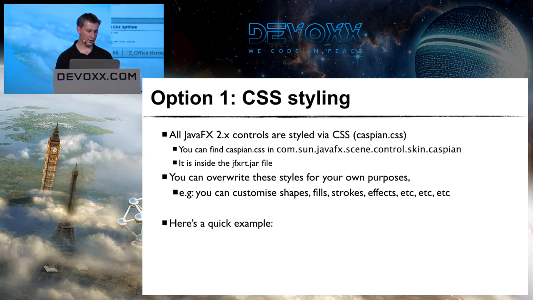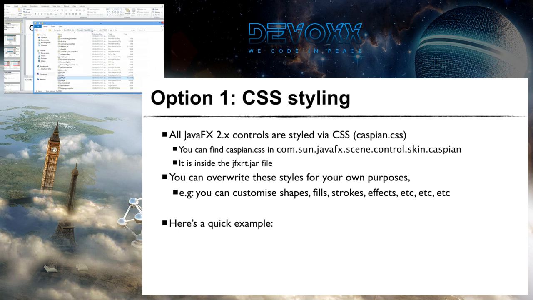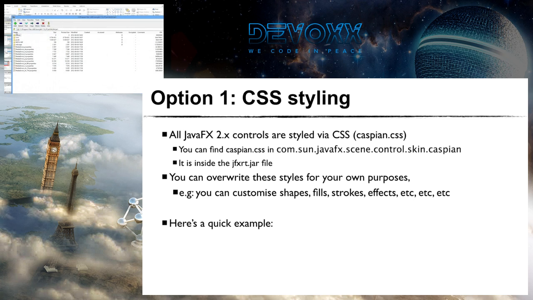For those that don't know, here's the lib folder, so it's just my C drive, Program Files, Java, JDK folder. Here's the JavaFX RT file within there. You can just open it up in your favorite zip file browser. It takes a while to get all the way into the right folder. And there it is, there's Caspian CSS there.